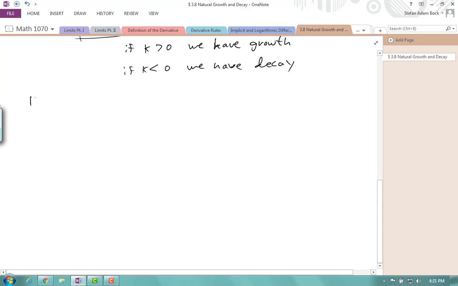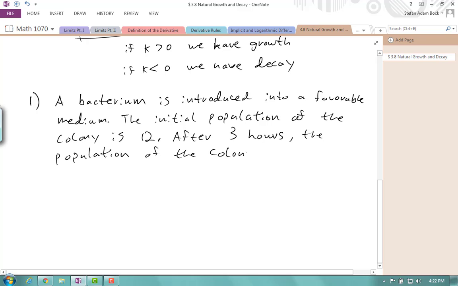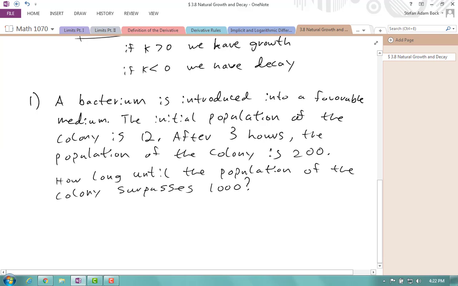So for our first example, we do a standard population growth problem. Let me write it really fast. So my situation is, a bacterium is introduced into a favorable medium.